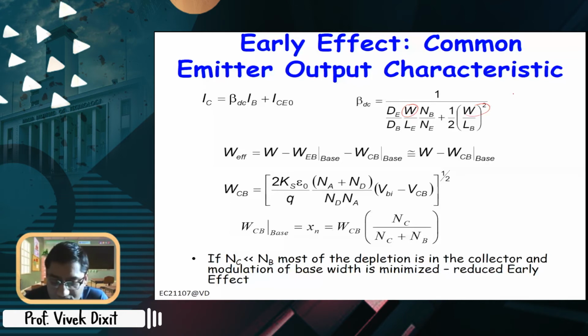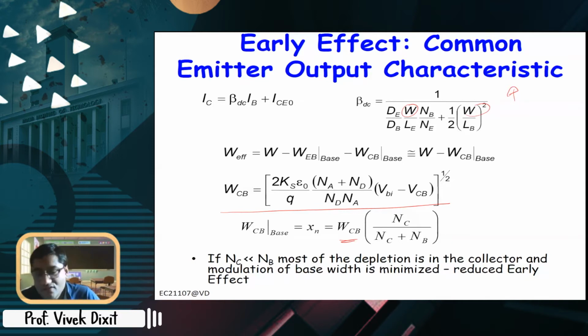You can recall this expression for depletion width from the PN junction: the depletion width on the base side due to the base collector junction will be the total depletion width times the collector doping divided by collector doping plus base doping.